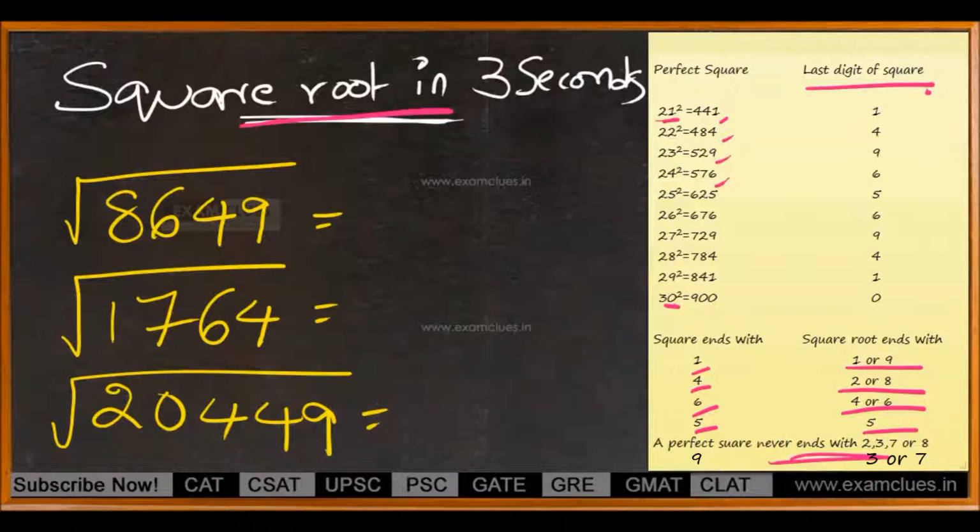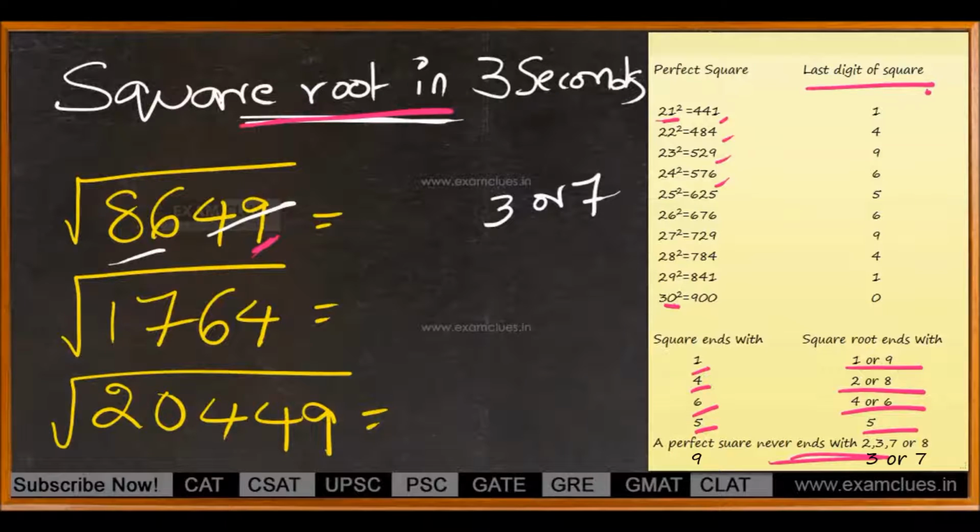Now, let's have a look at one of the questions given here: the square root of 8649. Step 1 says we need to worry about 9. As this is ending with 9, the answer should end with 3 or 7. Cancel the last 2 digits as I mentioned. Now 86 is the remaining.